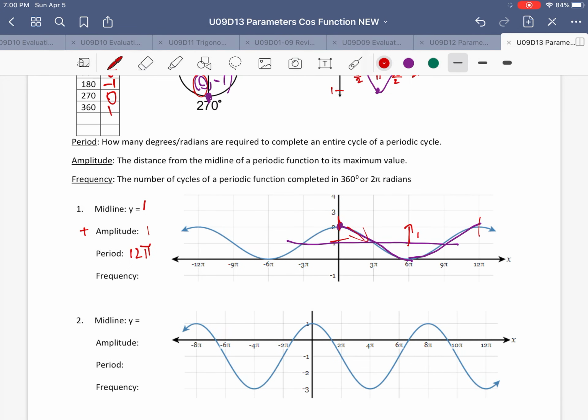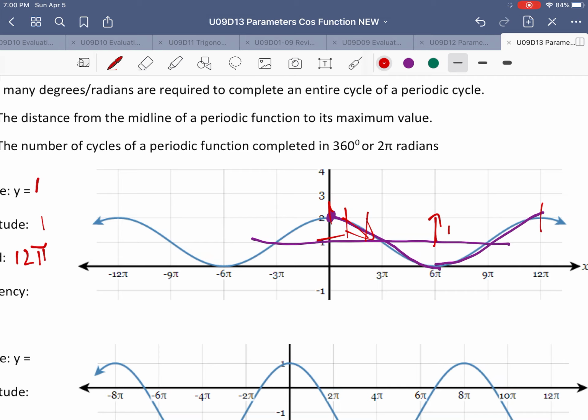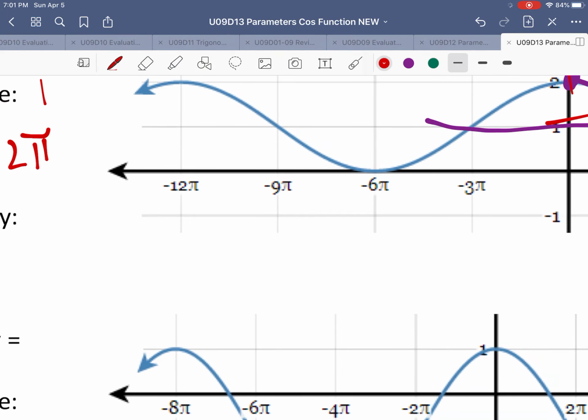And the frequency, in this case, how many complete cycles does it do in 2 pi? Well, 2 pi is over here. So that's actually hard to tell exactly how much. Obviously, it didn't fit nearly an entire cycle into this, so we're going to use our formula to see it better. So the frequency, the b value, is equal to 2 pi divided by the period.